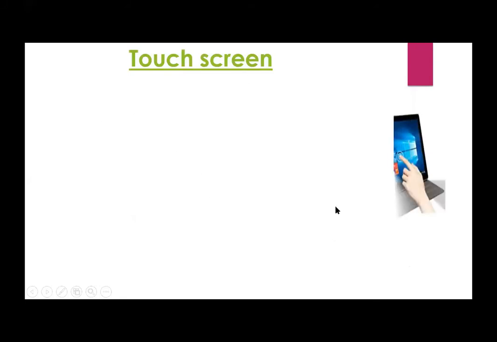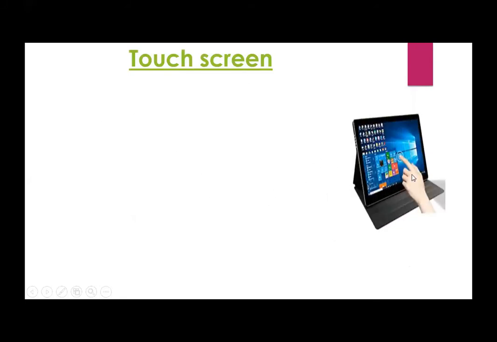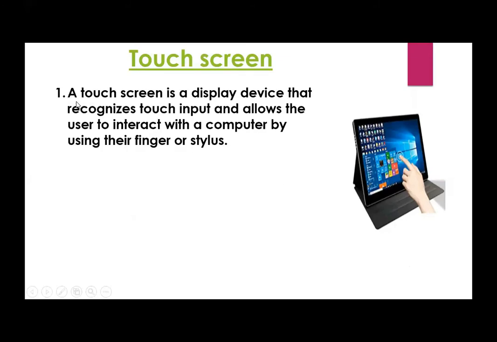Now let's move to the next device, the touch screen. Touch screen means we give data through our finger. A touchscreen is a display device that recognizes touch input and allows the user to interact with the computer using a finger or stylus. With the help of a finger, we can put in the data.